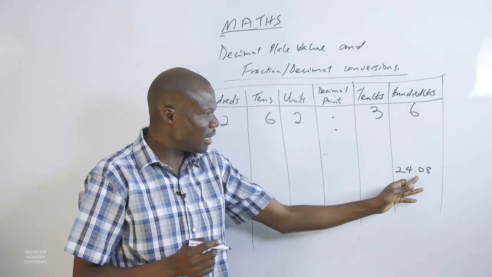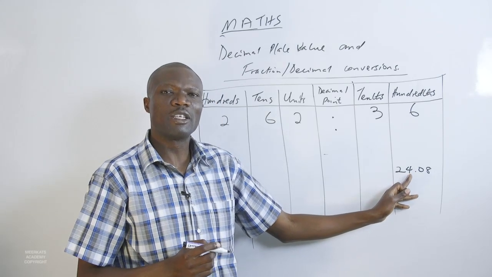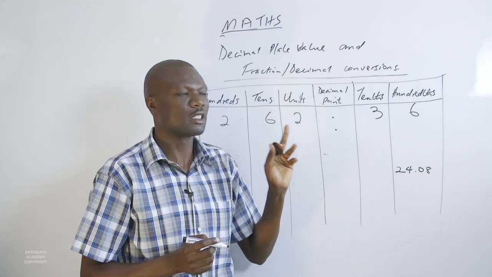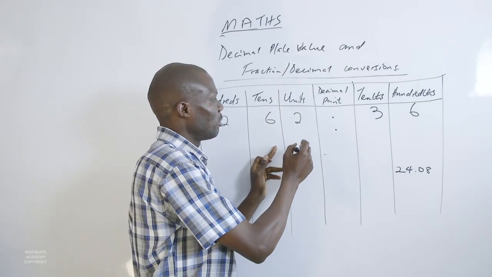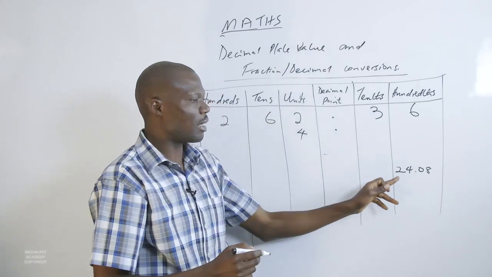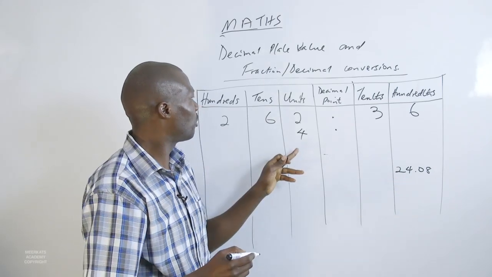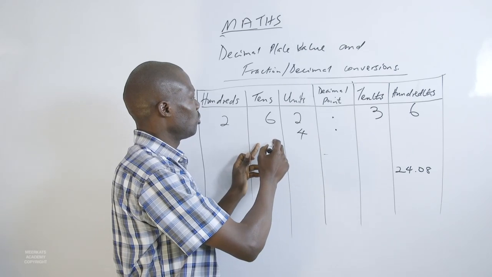Then, on the left of the decimal point is our first digit, which represents units. So the units here is 4. And then the second digit represents what? Tens. And for tens, we have 2.